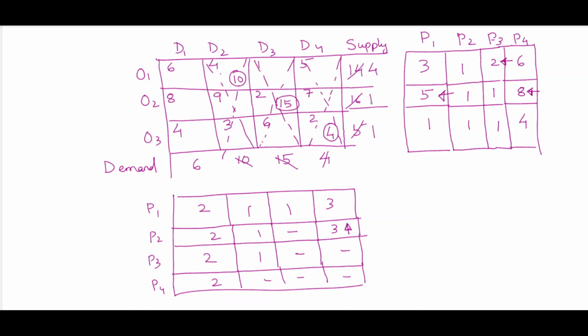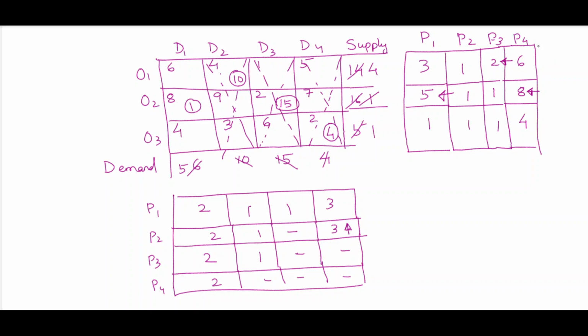Here supply is 1 and demand is 6. 1 is smaller than 6, so we'll put 1 here, and we will cut this supply part, this row. Remaining will be 5, so demand is 5.